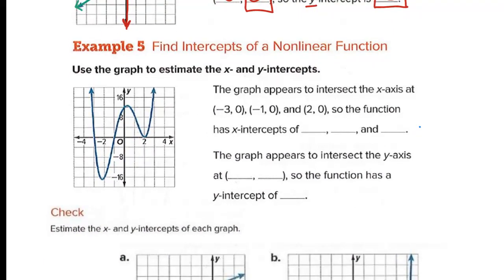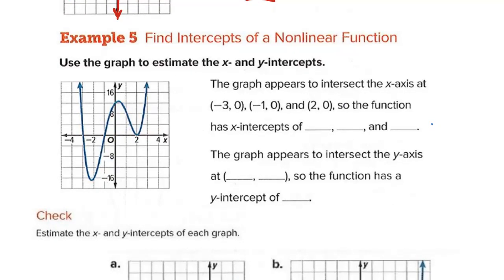Example 5 is better. This is nonlinear. The graph appears to intersect the x-axis at -3, 0, -1, 0, and 2, 0. So the function has x-intercepts at the x-coordinate of each of those points.